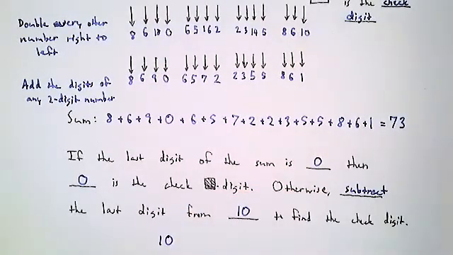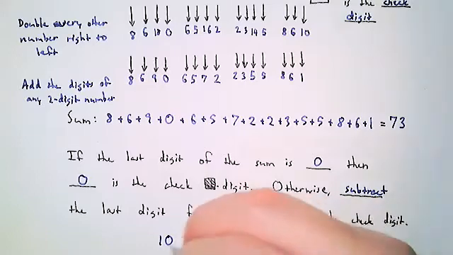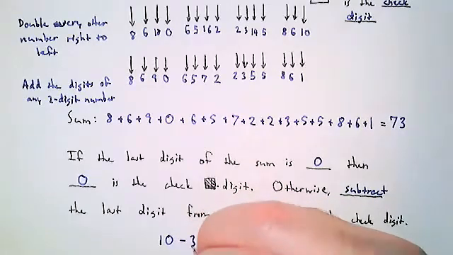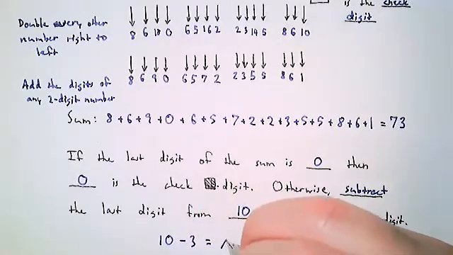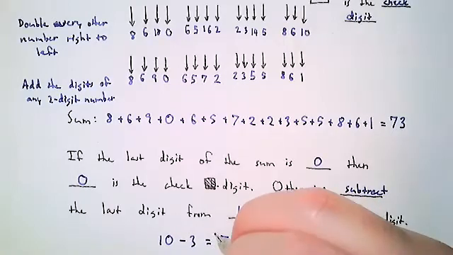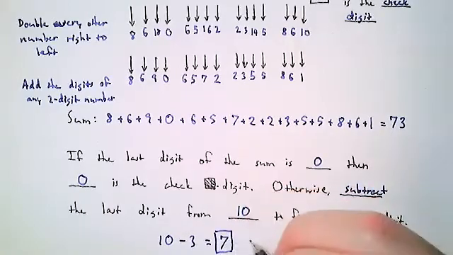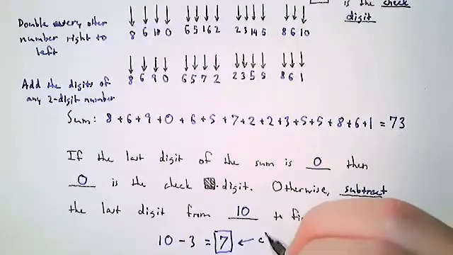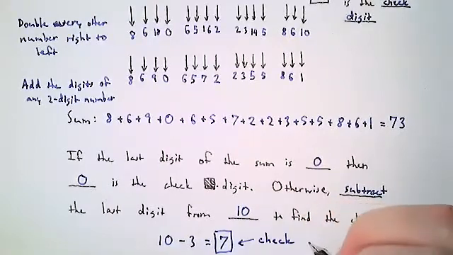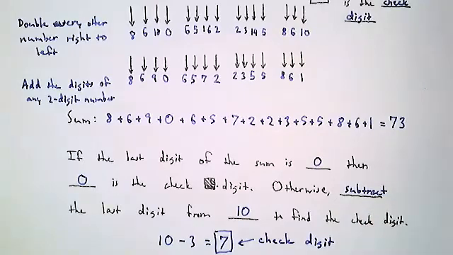Excuse me, I said 7, that is our check digit. We do 10 minus 3 to get 7. Which is our check digit in this example.